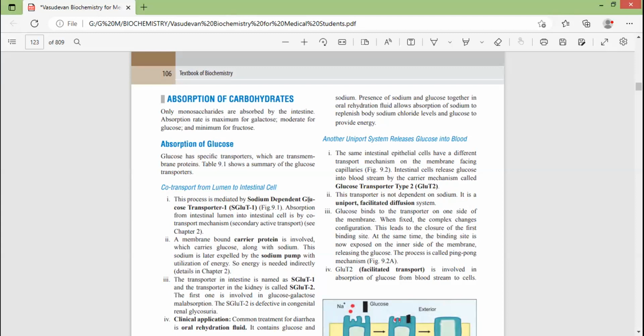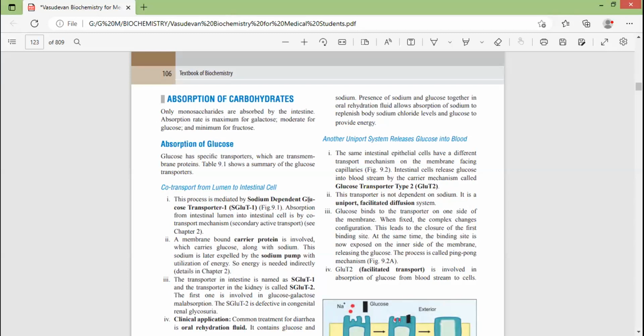Another example is muscles. When you're in the gym, for muscles to contract and relax, we call it the power stroke, it requires ATP. So ATP is the currency of energy in the body.